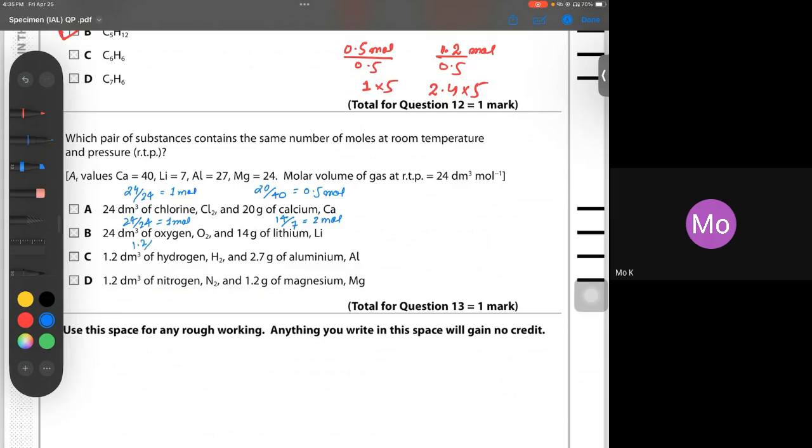1.2 over 24 and 2.7 over 27, the atomic mass of aluminium is 27. Are they the same number of moles? Yes or no?